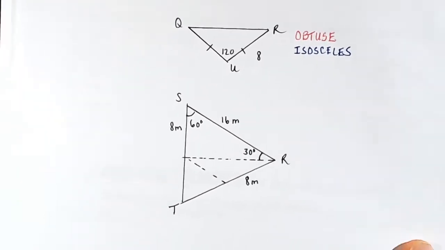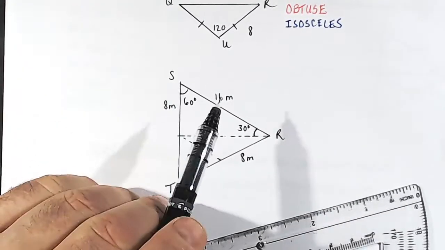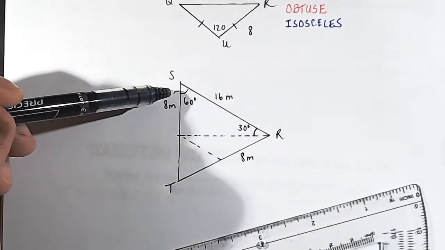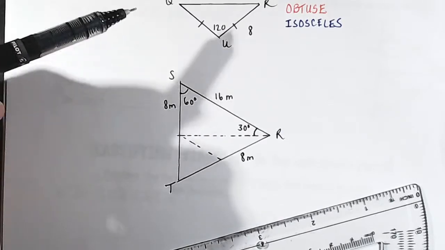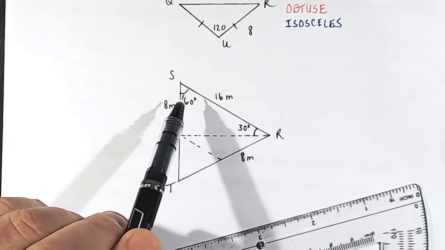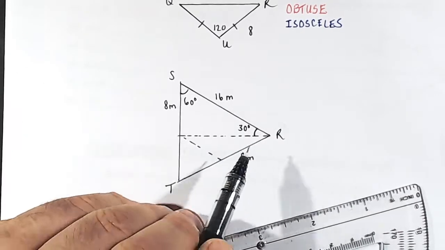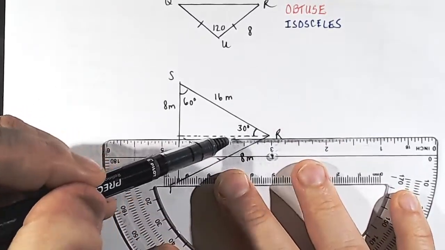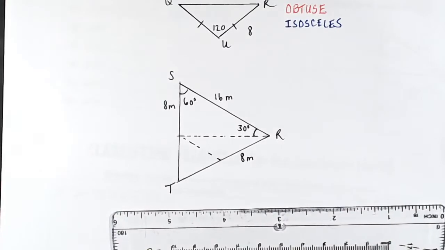Okay, so we're going to focus here on this triangle. Let's focus on angles first. So this angle is 60 degrees. The way that we're going to go about this is realize that this dashed line is bisecting this triangle completely in half.